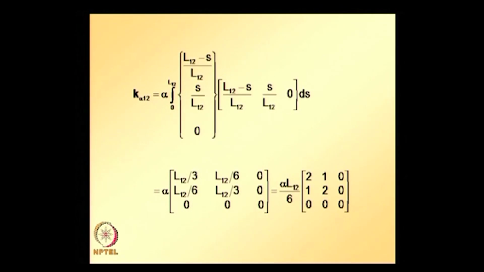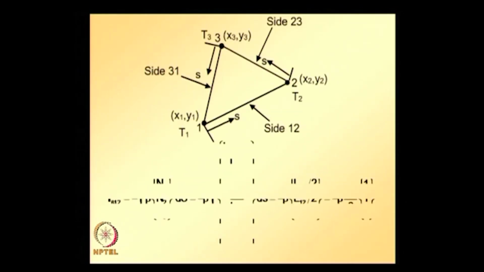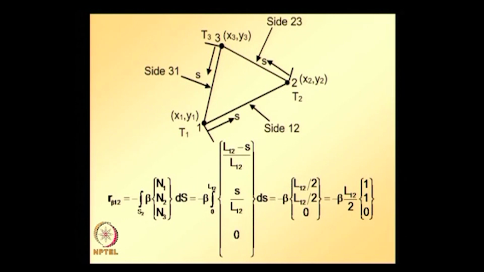Similarly, r beta is defined like this. Again we need to evaluate r beta separately along each of the sides 1 2, 2 3 and 3 1, and here evaluation of r beta along side 1 2 is illustrated.